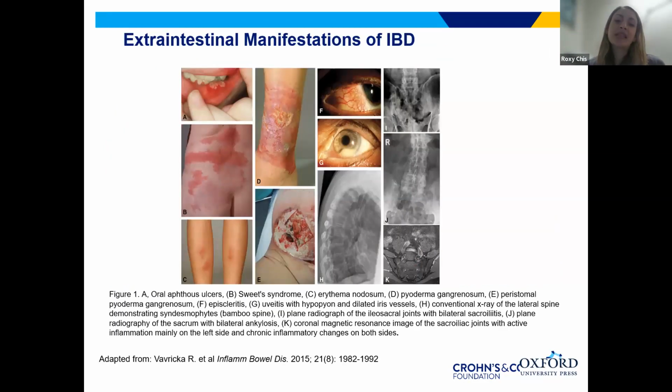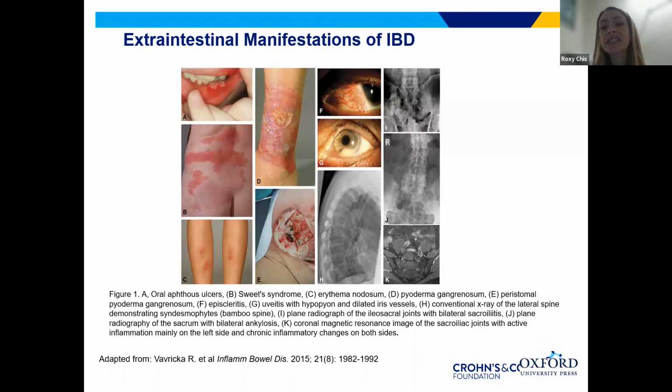So another interesting thing about Crohn's disease, and IBD in general, both ulcerative colitis and Crohn's disease can present with these extraintestinal manifestations. They do occur more commonly in Crohn's disease, though. And so oftentimes when we see this, we normally assume it is Crohn's disease. So patients with Crohn's will tend to get these aphthous ulcerations, or ulcers inside the mucosal surfaces of their mouths, which can be quite painful.